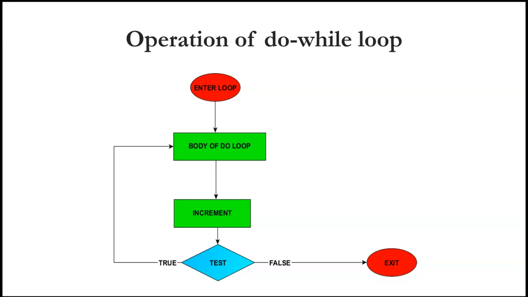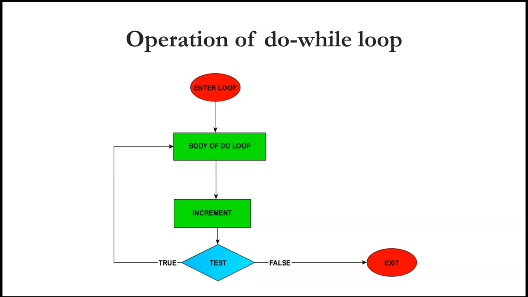Now this flowchart explains the operation of the do while loop. Once the do keyword is encountered, you enter the body of the do while loop and the statements contained inside the body of the do while loop are executed. Next, the count variable is incremented and then the loop expression is checked.